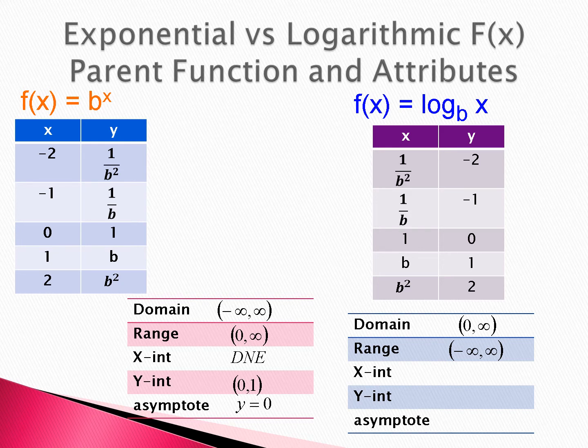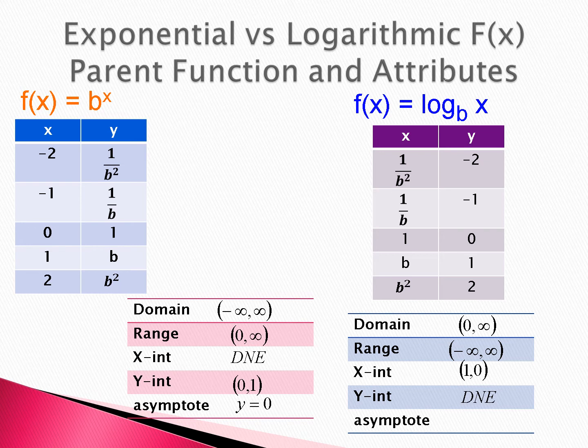Now, on the exponential parent function, we had an x-intercept that does not exist, and we had a y-intercept of (0, 1). So now our parent function is going to have an x-intercept of (1, 0), and the y-intercept on the parent function is going to be does not exist.